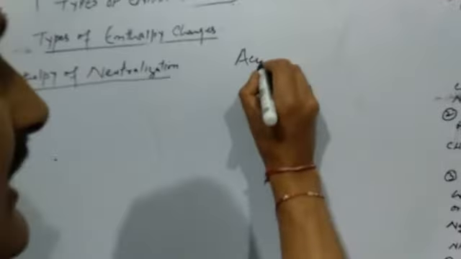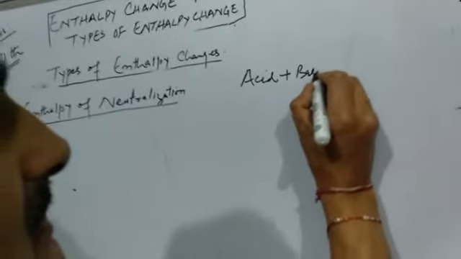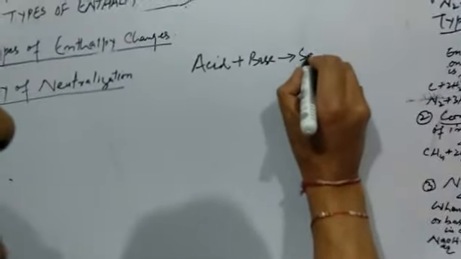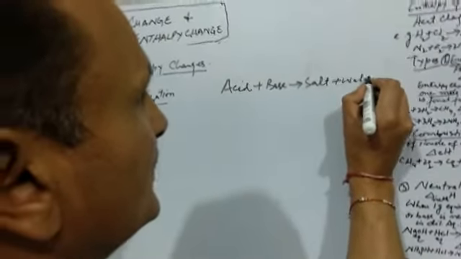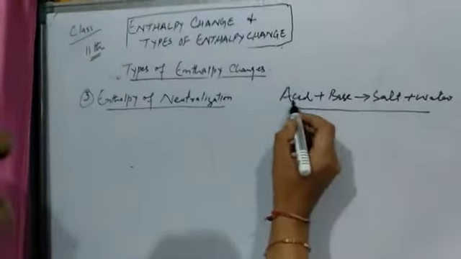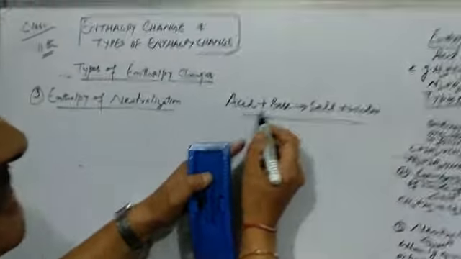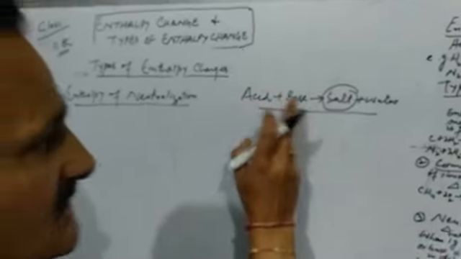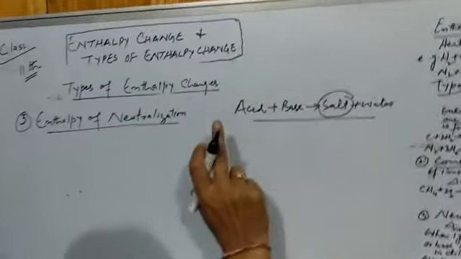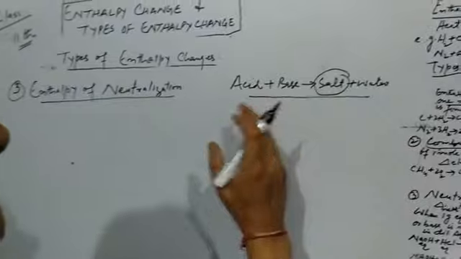That is, when an acid combines with a base, forming salt and water, such a reaction is known as neutralization. That is, acid plus base do not remain as such. They change into salt and water. That is, they get neutralized. Acid neutralizes base and base neutralizes acid. Though there is no acidic or basic character in the product.